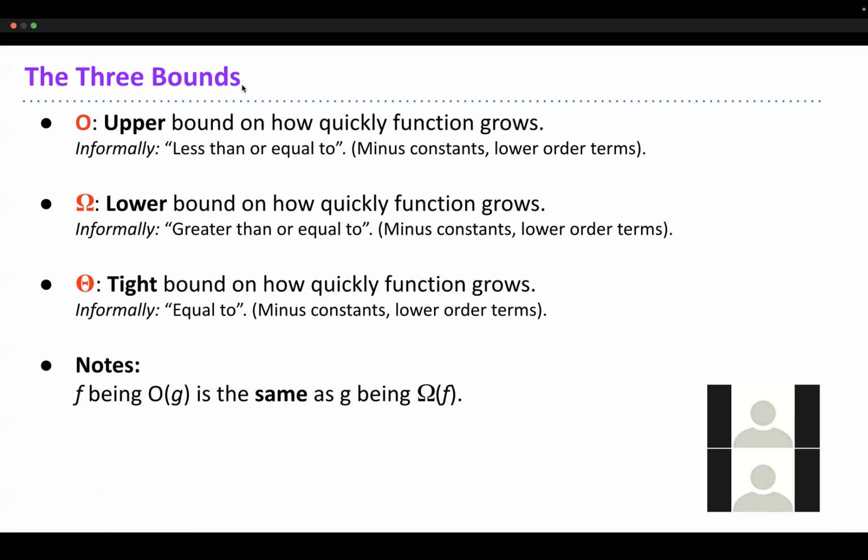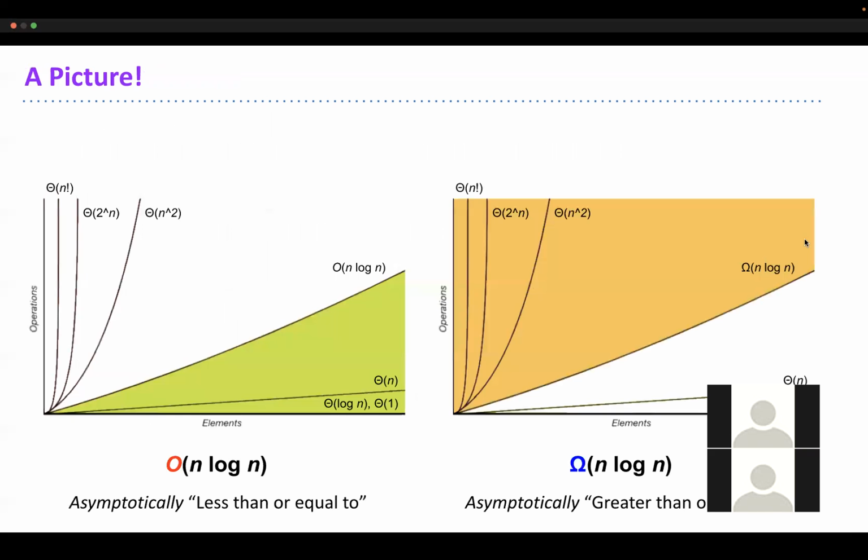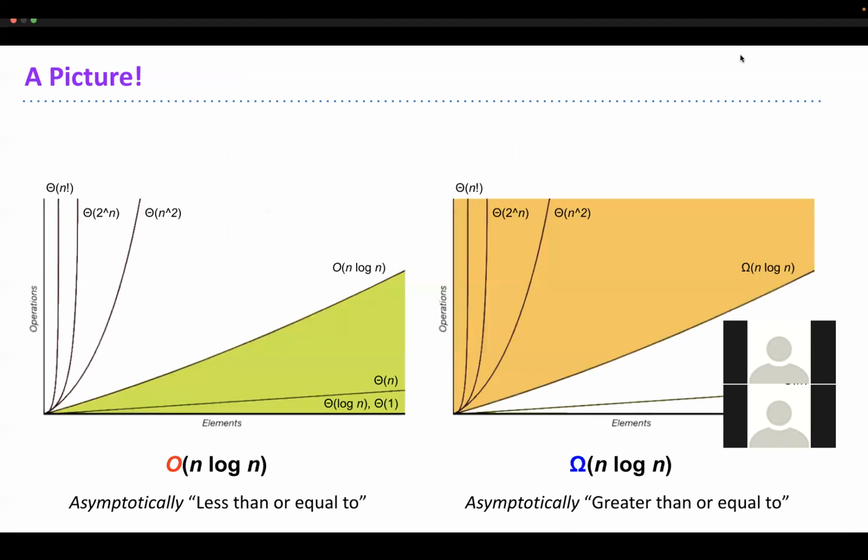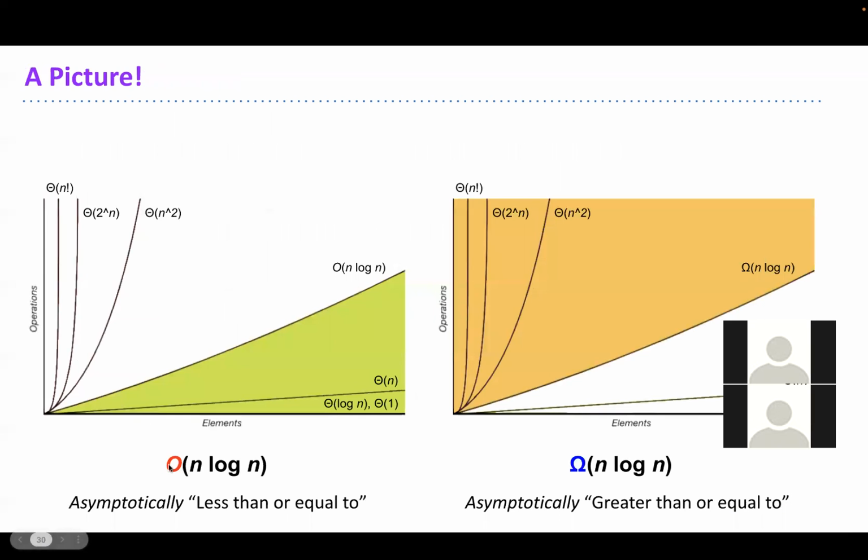Any questions about these three bounds? All right. So now for a picture to help us understand it. When we say big O of n log n, these are all the functions that are upper bounded by n log n.